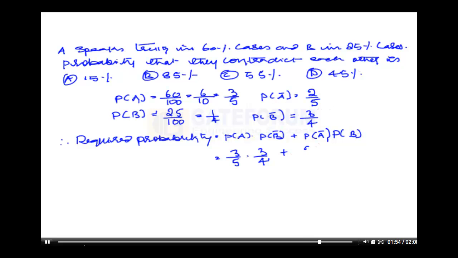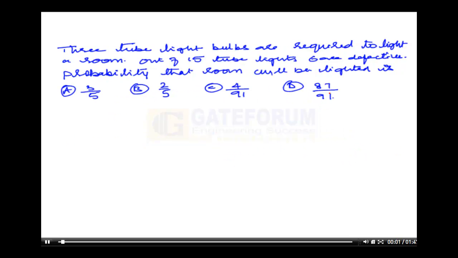PA dash is 2 by 5 and PB is 1 by 4th. Simplifying, we get 55 by 100, that is 55%. Therefore C is the answer.